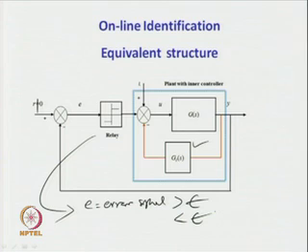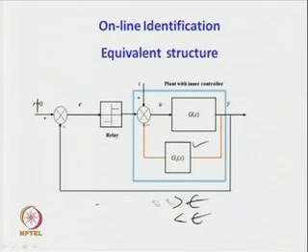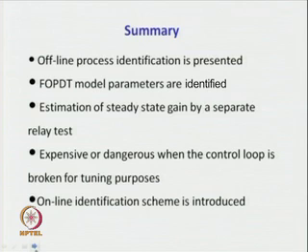So, this is the beauty of the online identification scheme. Now, using the online identification scheme, suitable controllers also can be designed. The form of the controllers also can be decided upon. Those issues will be discussed in the next lecture. Next, we shall go to the summary now.